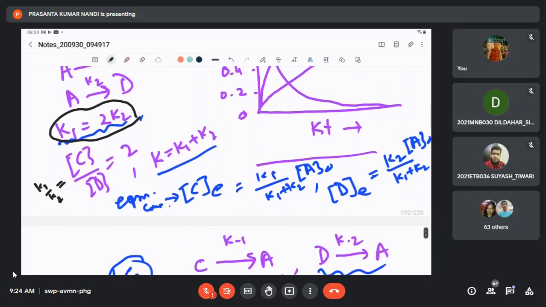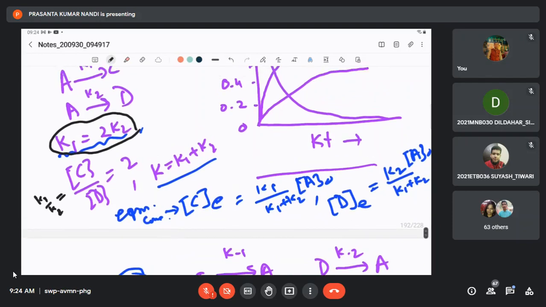Now, what are the equilibrium concentrations? Equilibrium concentration means the limiting value when t is large, when t tends to infinity. From those expressions you can see that we label the concentration of C with subscript E for equilibrium concentration, likewise the equilibrium concentration of D is denoted by D subscript E, because the exponential factor e to the power minus (K1 plus K2) into t vanishes when t tends to infinity.